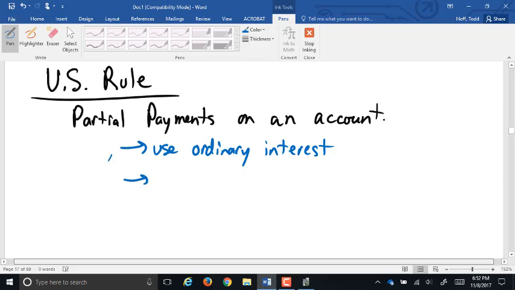Now, there are some banking regulations that have changed that. There are certain places where they're required to use exact interest now. But we're keeping it simple here. And use the exact number of days. What does that mean?